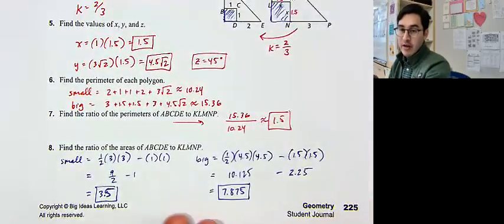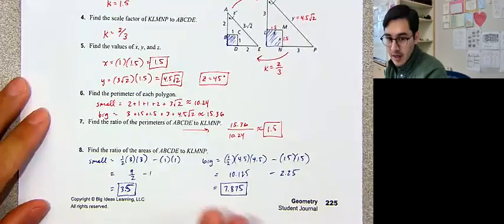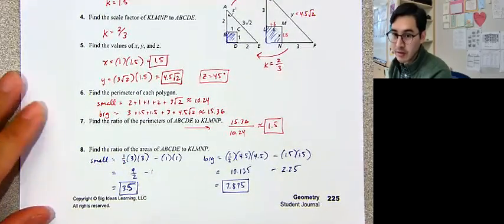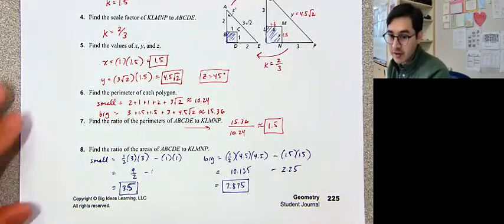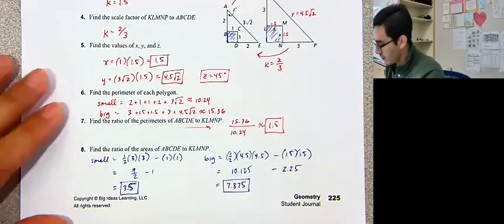All right, so we've calculated each area. It's kind of a process, okay? And now we want to look at the ratio of the areas, right? So to form a ratio, you just create a fraction. We'll take the big area divided by the small area.